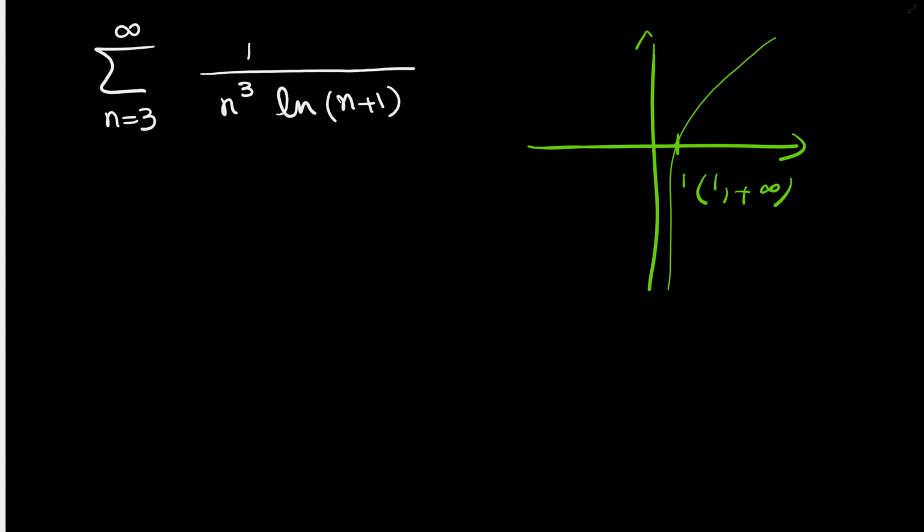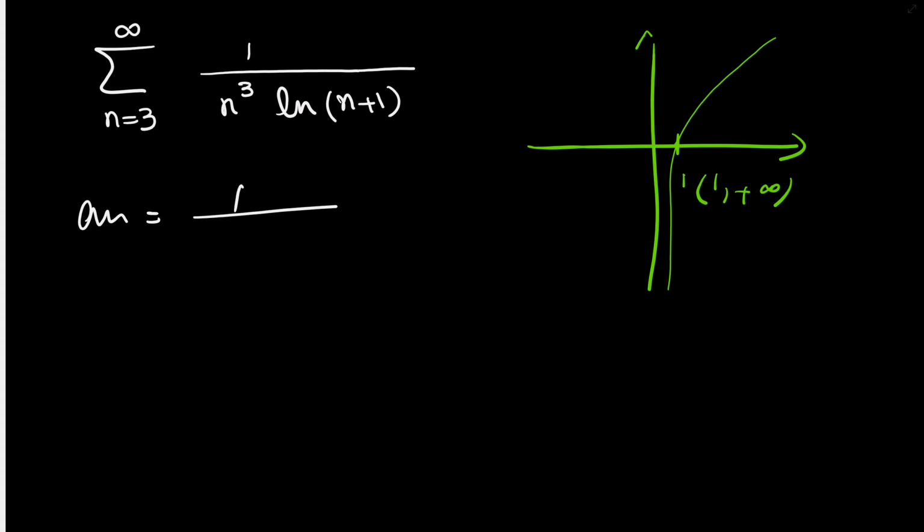So you see that we cannot compare this sequence directly by direct comparison test with 1 over n to power 3, because for some n values, one of them is greater than the other one, and for the other n values, it's the opposite. But both of them are positive. So let's use the limit comparison test.